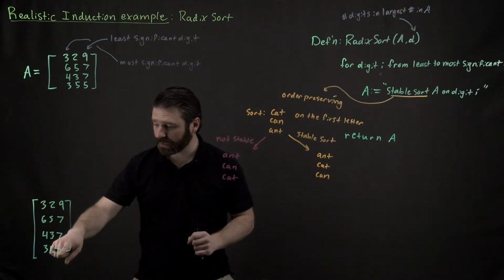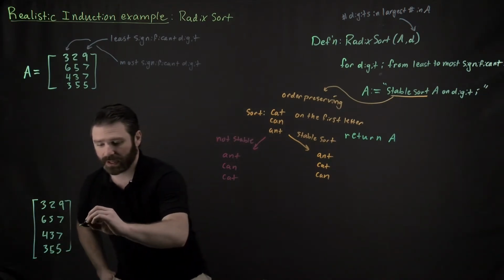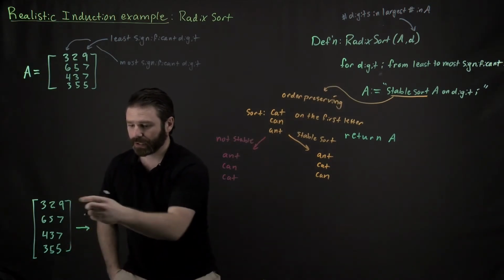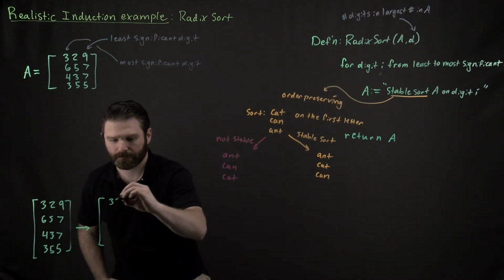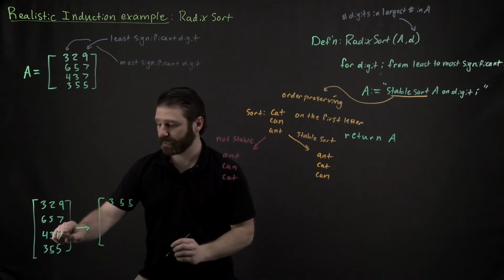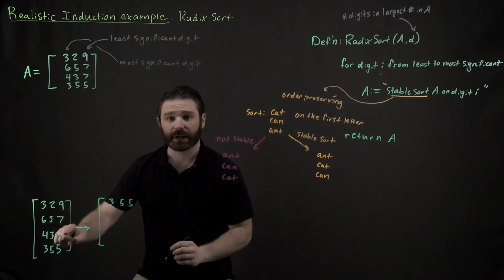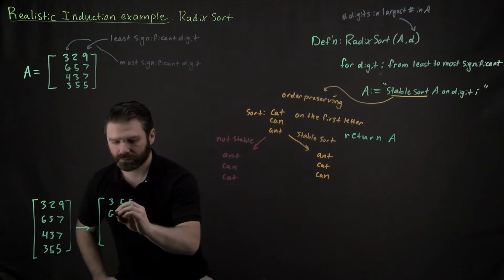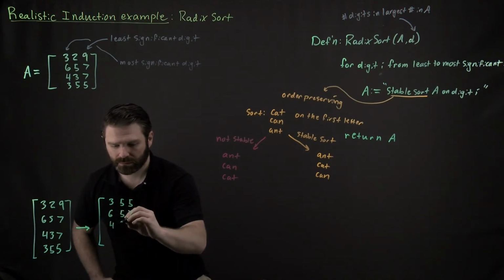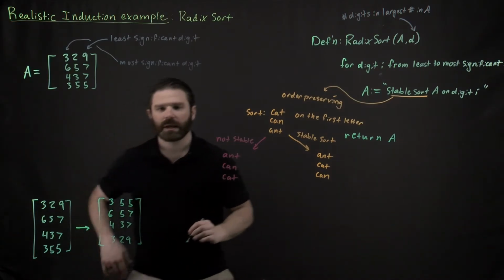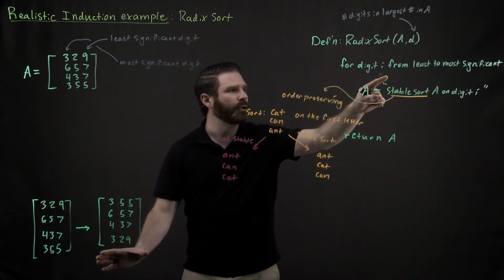The smallest one is 5. So in the very first iteration of this for loop, that number would come up to the very top. And then 7 is the next smallest least significant digit. And it's stable, so it's going to keep these in the same order. And there we go. We have finished one loop of this.